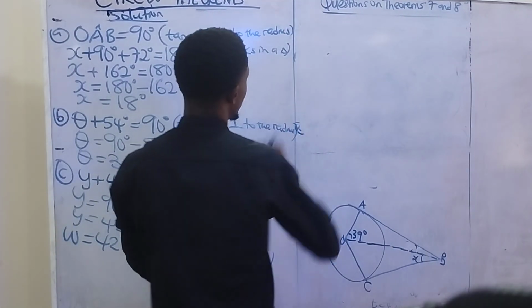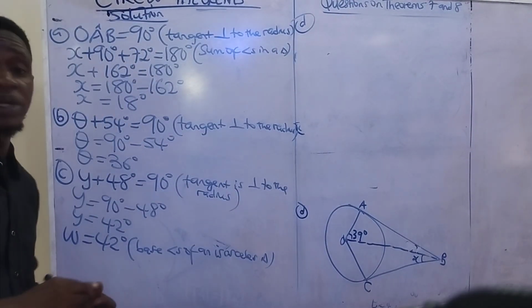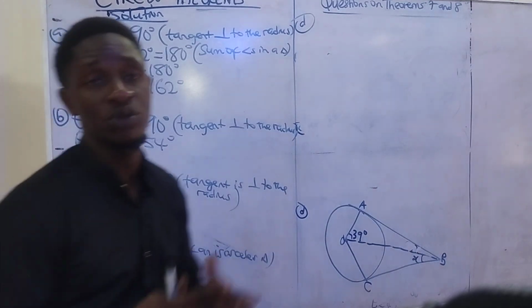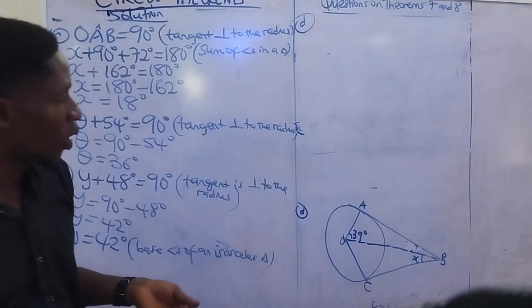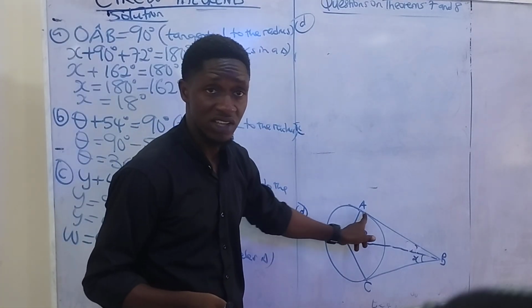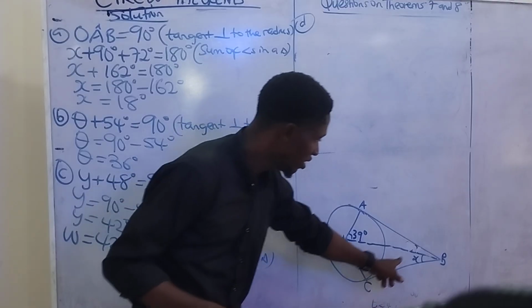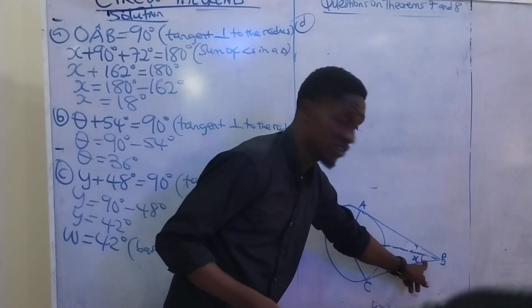We have the three parts. This one involves that theory 8, talking about when we have two tangents that form a point outside the circle, that they are equal. And I said that here is 90, because this is a tangent and a radius. Here is 90. Anything here is equal to what is here.